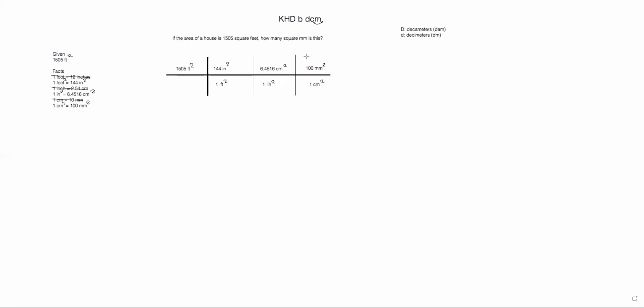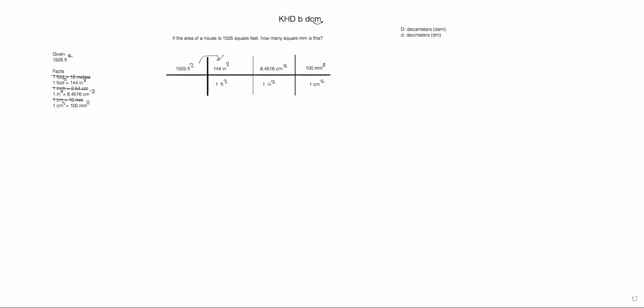I always like to be in the habit of checking that, because if what's on top is not equal to what's on the bottom, then it means we made a mistake. We need to go back and fix it. So this fact is true. This fact is also true. And then this fact is also true. So we know we're good to go ahead and do the math.